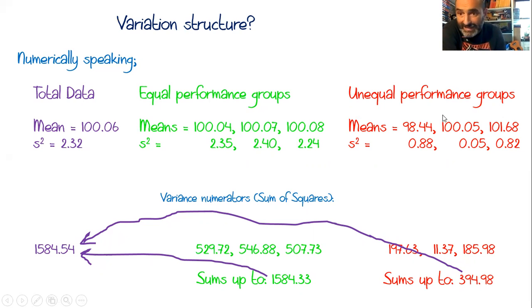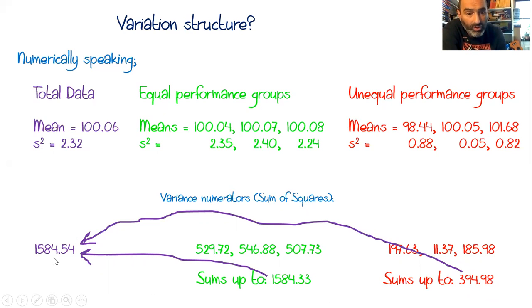If you look at the second case, the seemingly unequal three machines, 0.88, again multiply this by 220 something, 220 something, 220 something, and you get 197, 11.37, 185, 186, something like that. If you sum those three up, you get 394, 395.